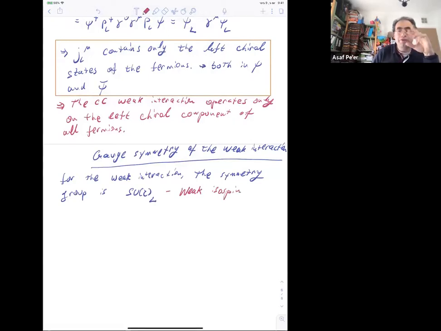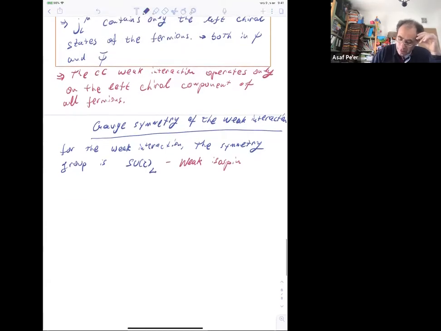So don't confuse it with the flavor isospin that we saw in the tutorial. There are two fundamental differences, but let me write them down one by one, so as not to be confused.